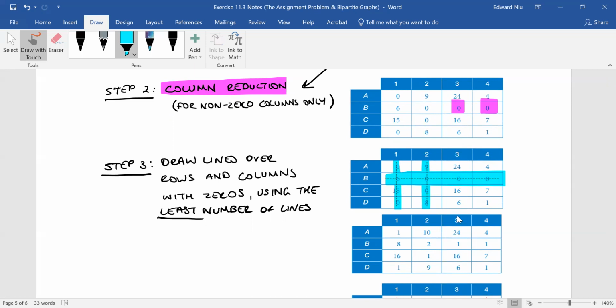If there happen to be other zeros left over, then we don't need the Hungarian algorithm. But because we have 3 lines and 4 rows, we need to proceed to the Hungarian algorithm. Unfortunately, we need to proceed to step 4.